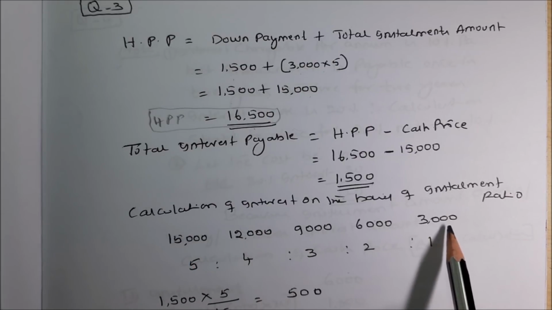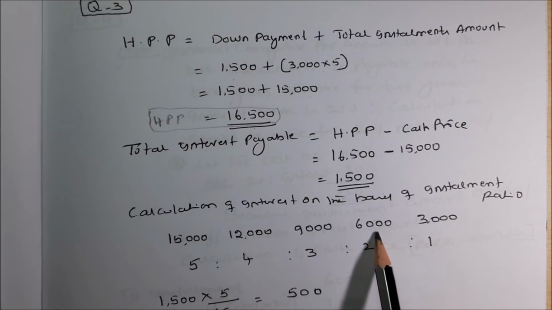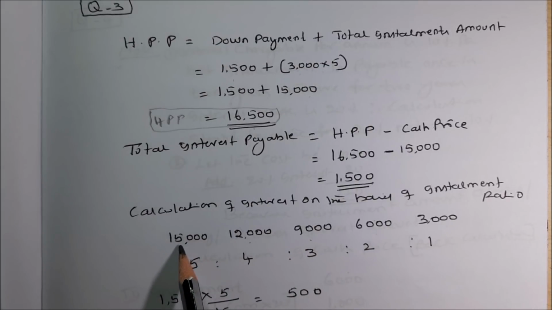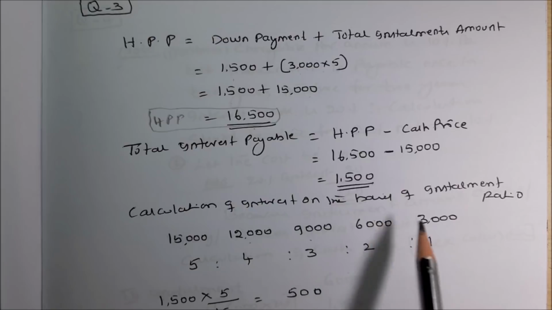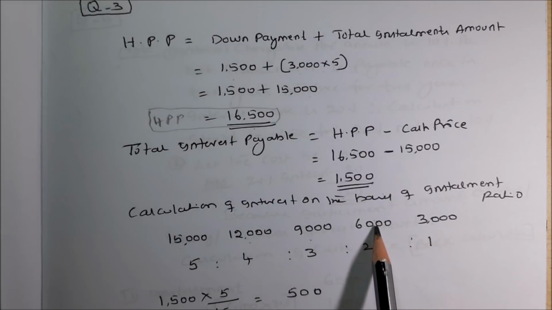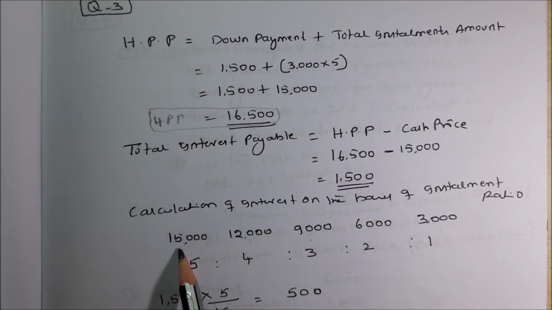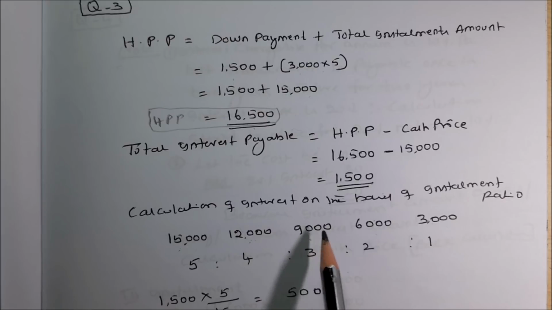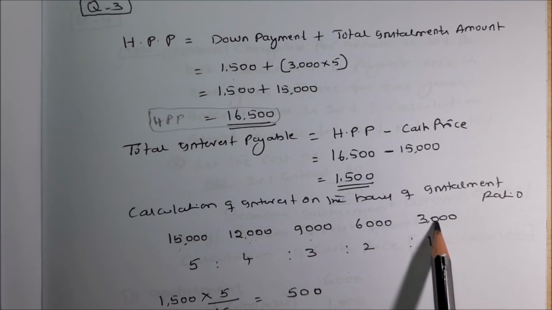The first installment is 3,000, next it comes to 6,000, 9,000, 12,000, 15,000. Very simple. Our total is 15,000 minus one installment, it comes to 12,000, then 9,000, then 6,000, then 3,000. Either this way or that way, it is one and the same.